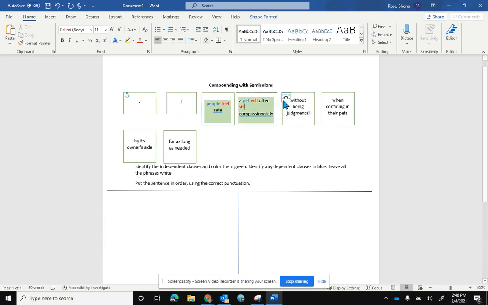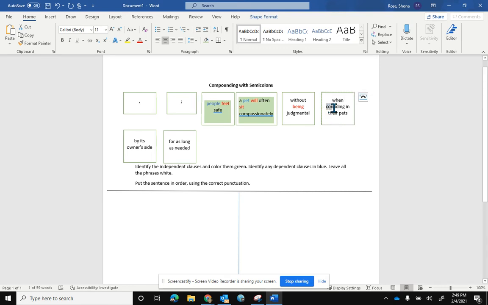Here's the next one: without being judgmental. Well, being is a verb, but what I know from this and my other studies is that without is a preposition. So this right here is a prepositional phrase. Now, here's another one that I see: when. Well, I know that that's one of my words that can cause a sentence to be dependent.